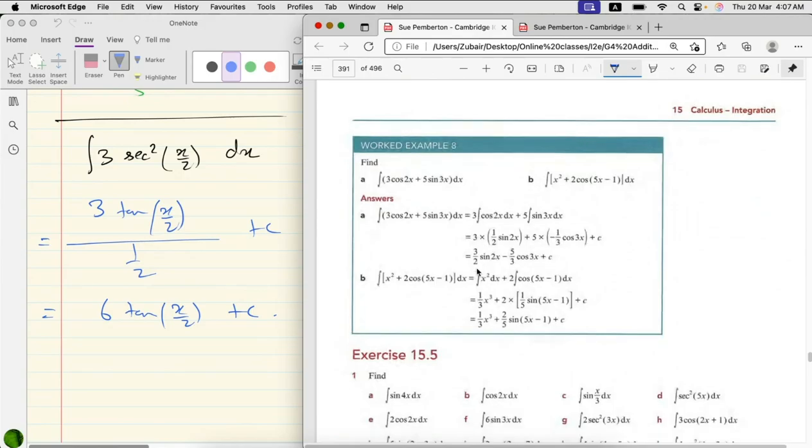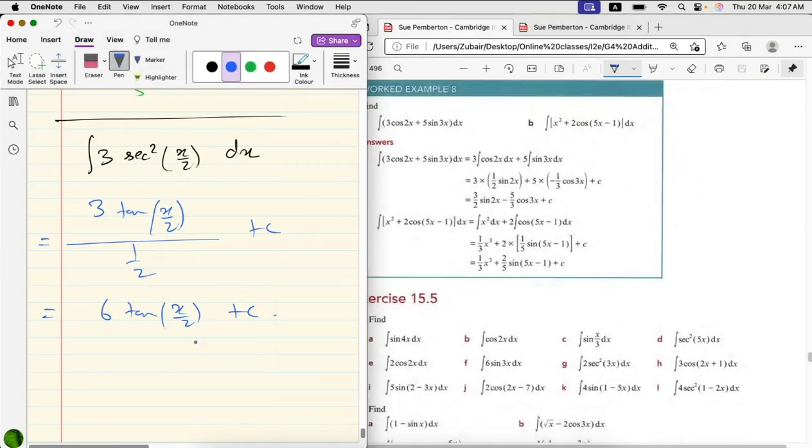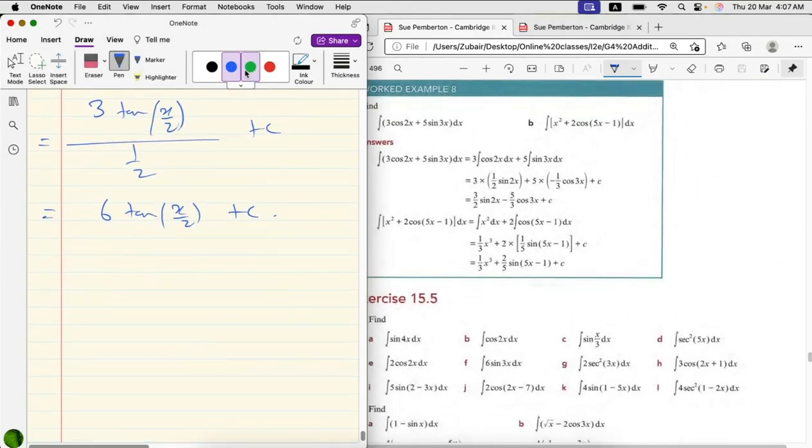Now he's just increasing the terms in the question: integrate 3 cos 2x plus 5 sine 3x dx.